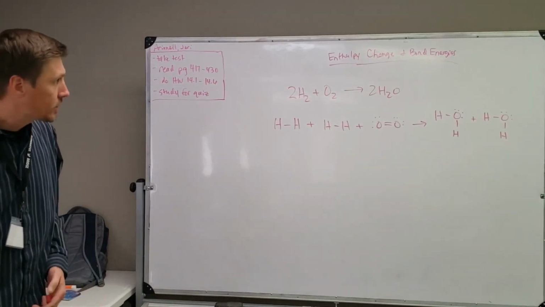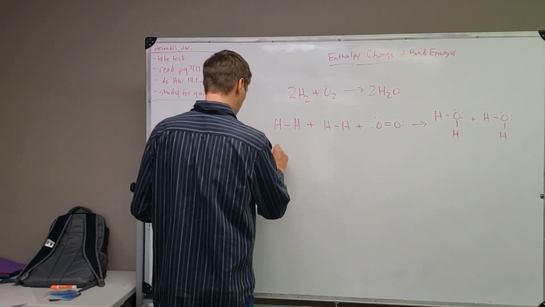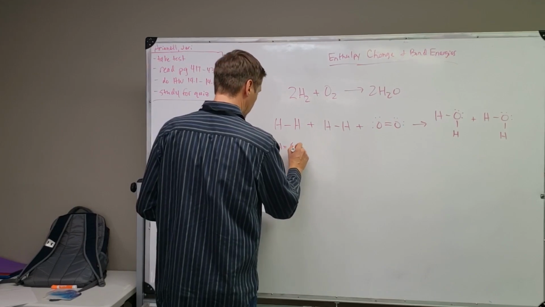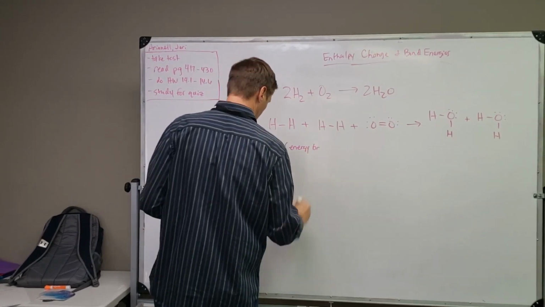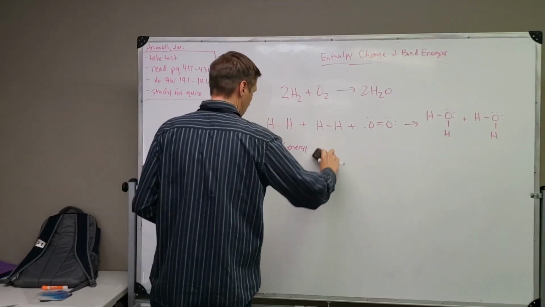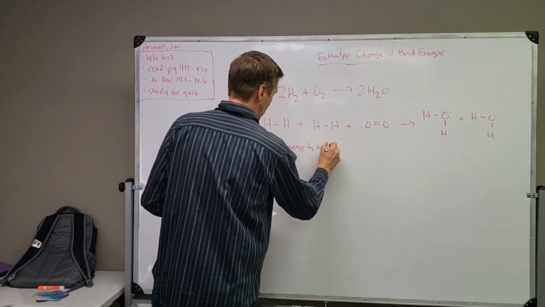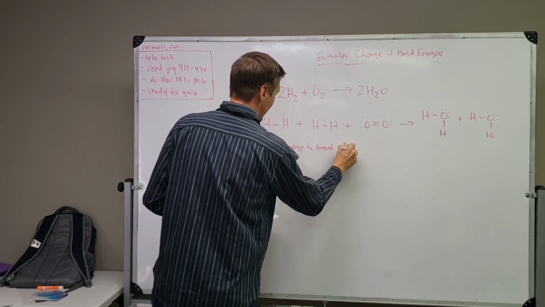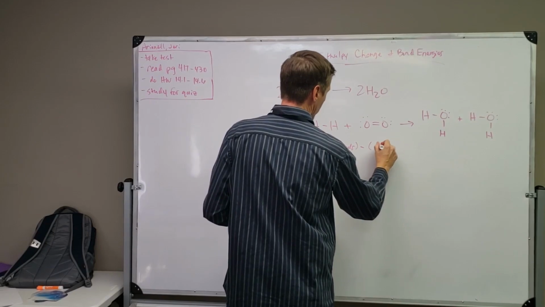And so this definition of change in enthalpy using bond energies looks like this. Change in H equals the energy to break bonds minus the energy to form the bonds on the product side.